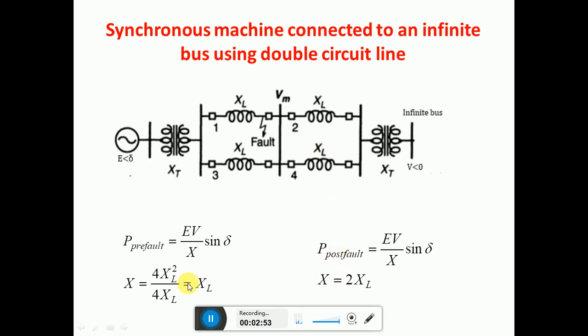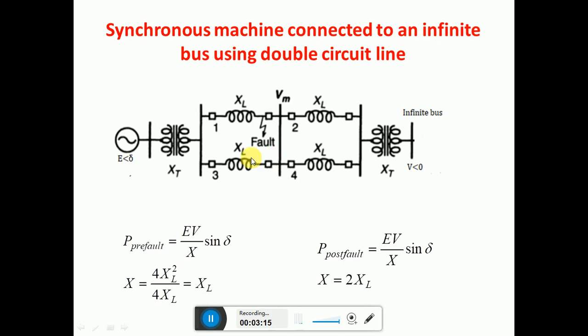So if you can see, before fault, when two lines are in working condition, we have lower reactance than the reactance after fault. So actually a double circuit line also helps to reduce the reactance of the line.